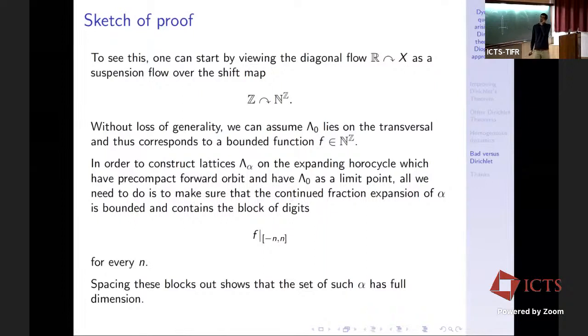And in order to construct lattices lambda alpha, so I haven't told you what lambda alpha is, but it's just the set of these lattices. If you want to construct lattices of this form, which have lambda naught as a limit point, all you need to do is make sure that in the continued fraction expansion of alpha, you see these blocks which stabilize in both directions.